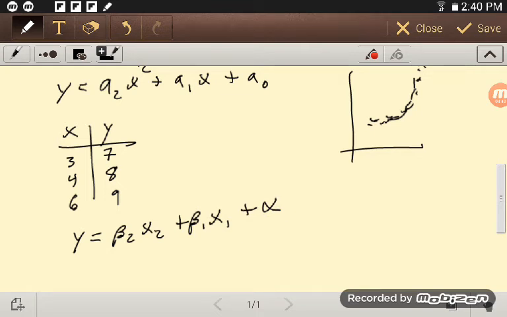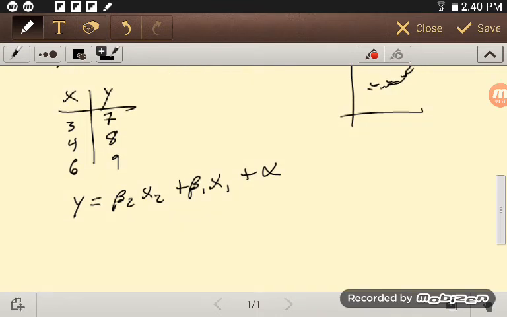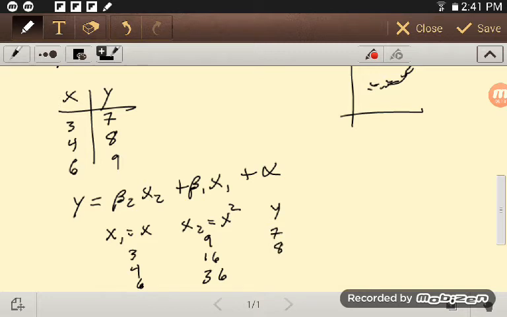But what we don't tell it, and it doesn't care, is that our x1 is x, so that's 3, 4, 6, and our x2 is actually x squared, which we'll calculate and put in: 9, 16, and 36. And then our y values are 7, 8, and 9.